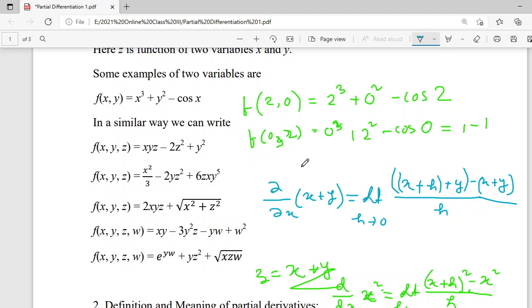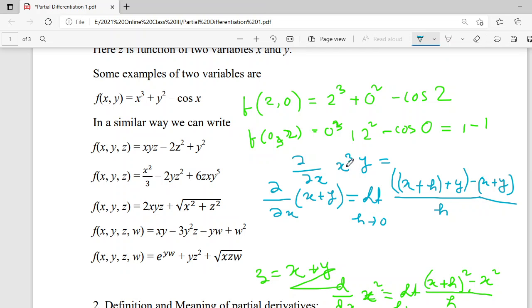So ultimately, if we write del x of, say, x cube y, in this case y is not changing, so we keep y as it is. Suppose y is 4, or y is 6, meaning we treat y as a constant, and then this is d/dx of x cube with respect to x, because it is a single variable.